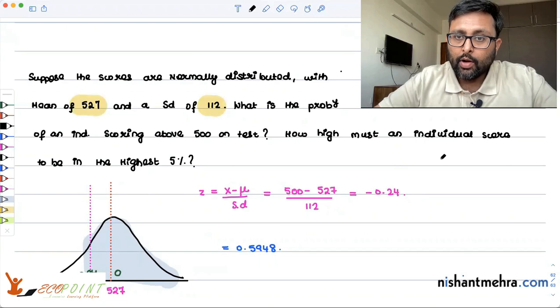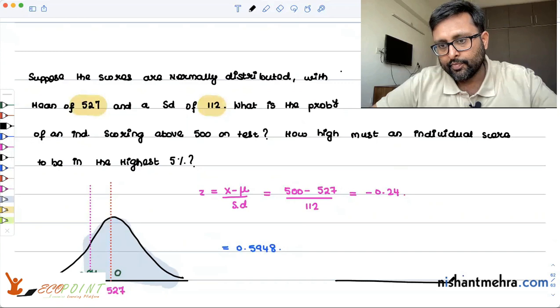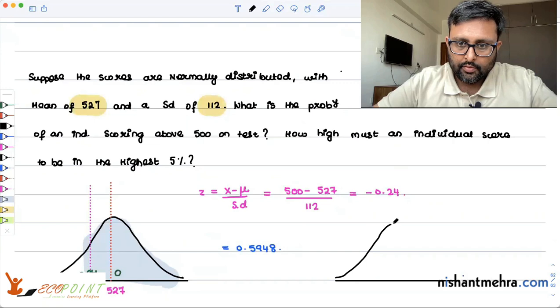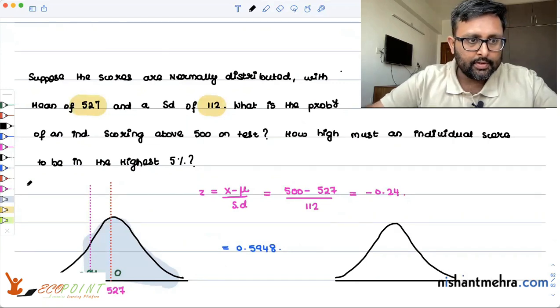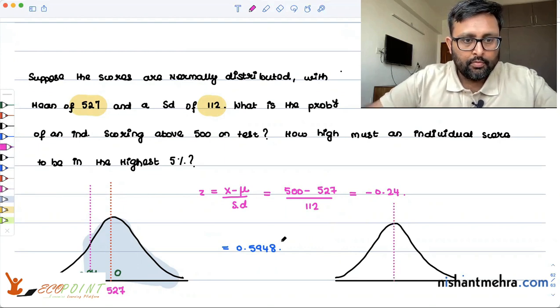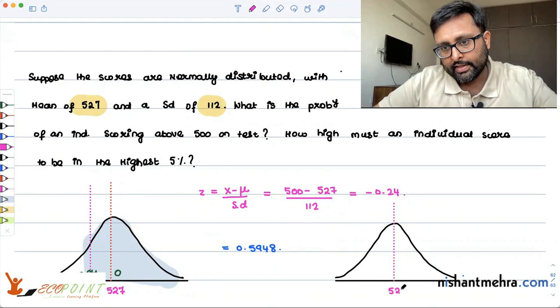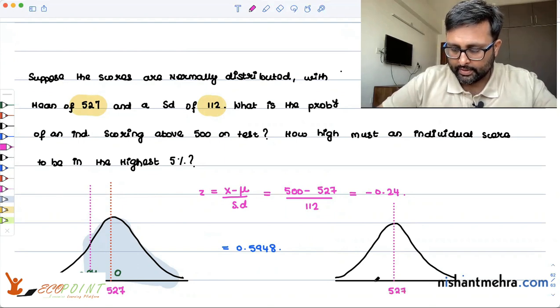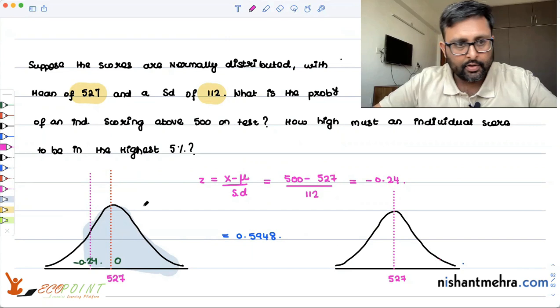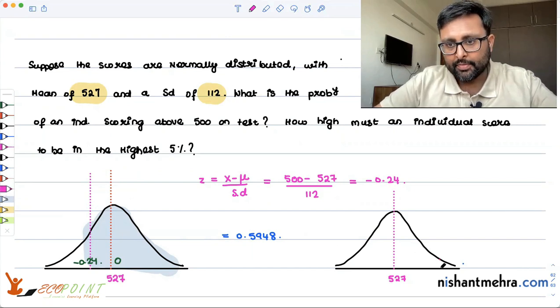Okay, the next part says, how high must an individual score be to be in the highest 5%? So you have the normal distribution like this. This guy is 527, right? I want it to be above this, somewhere above, in the top 5% types.